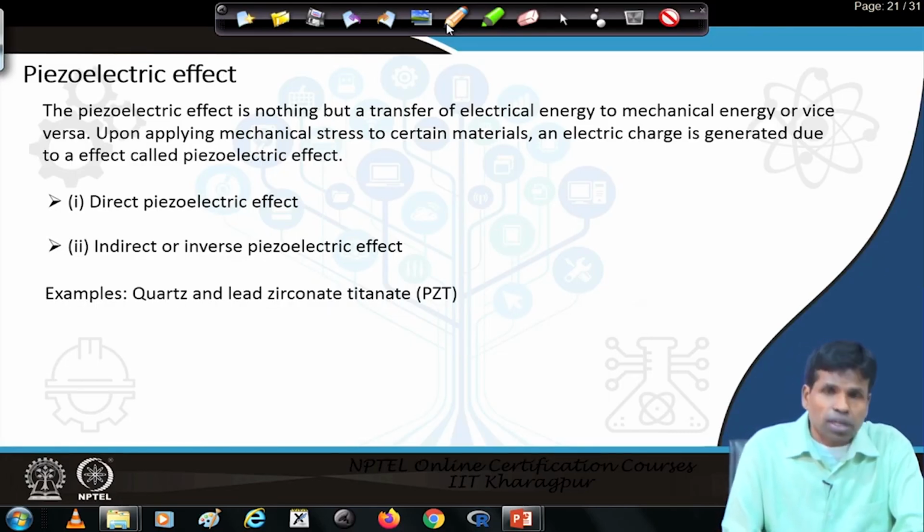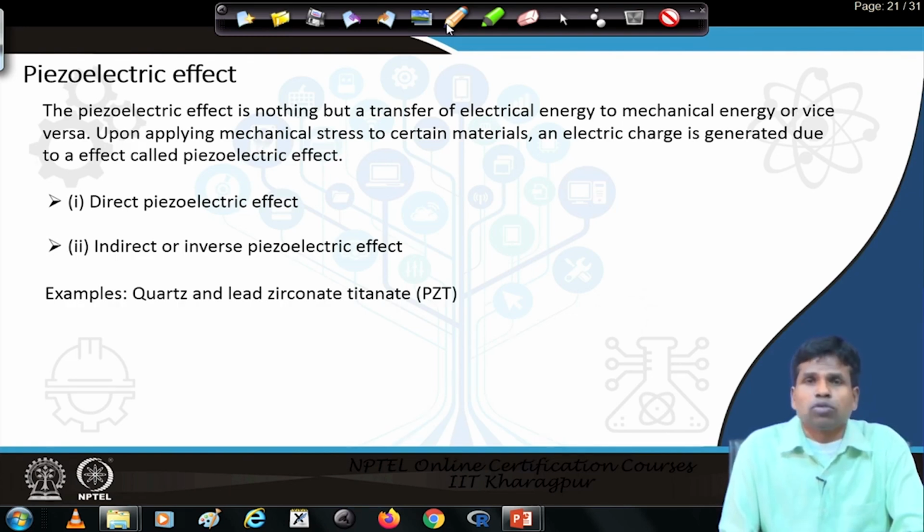An example is the pocket lighter, where once we put mechanical force, a voltage is generated, and that voltage produces the spark. Other applications include sensor technology and touch screens. When we touch, we put a force, and that generates a voltage, and that is the sensor technology. Those are direct piezoelectric effects.